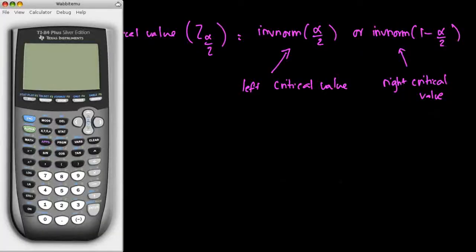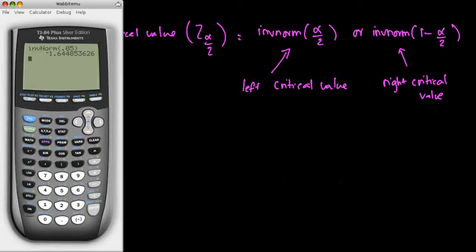So, turn the calculator on. Press second, VARS. Option 3 is inverse norm, so press 3. And if you enter alpha over 2, alpha is 0.1, so 0.1 over 2 is 0.05, we will get a negative critical value, which is on the left tail, and it is negative 1.645.